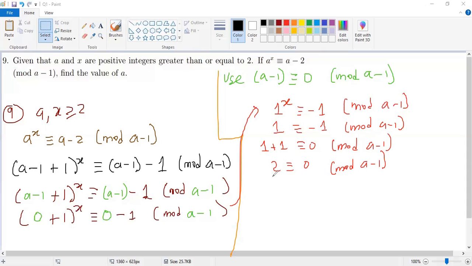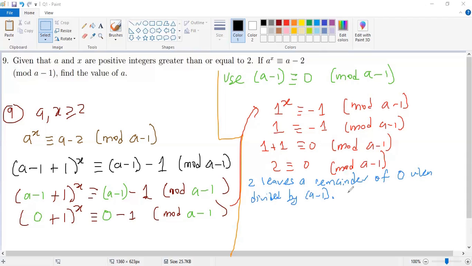So 2 is congruent to 0 mod a minus 1 means 2 leaves a remainder of 0 when divided by a minus 1.